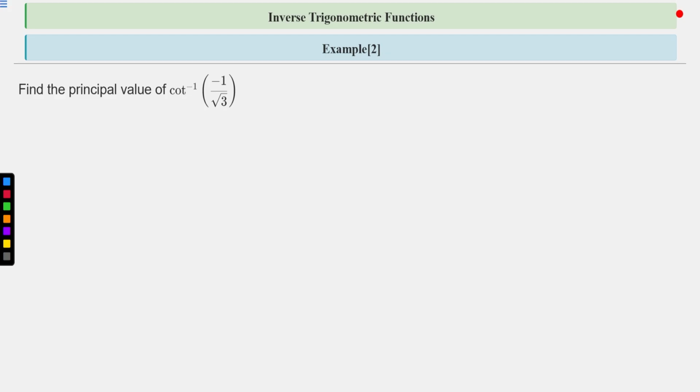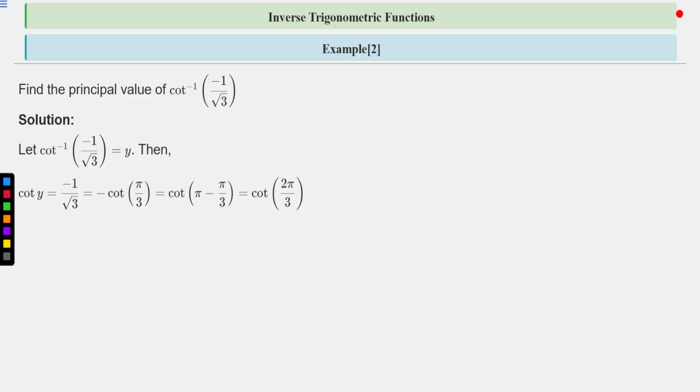We need to find the principal value of cot inverse minus 1 by root 3. We will apply the similar process. We will take cot inverse minus 1 by root 3 as y. If we move this cot inverse to the right hand side, it becomes cot y equal to minus 1 by root 3.